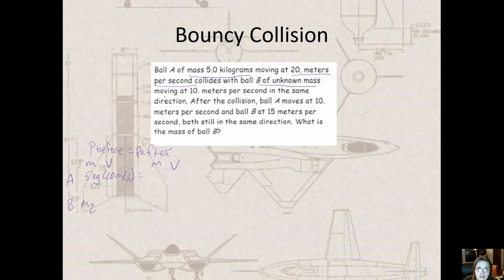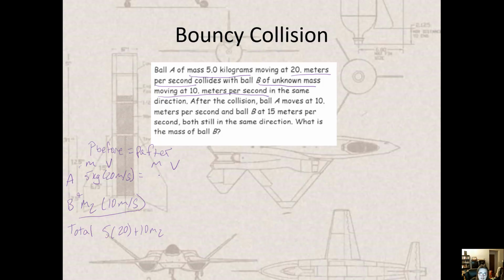That's what we're looking for, and it's moving at 10 meters per second. The total gets added up. So then it's just 5 times 20 plus 10 M2.